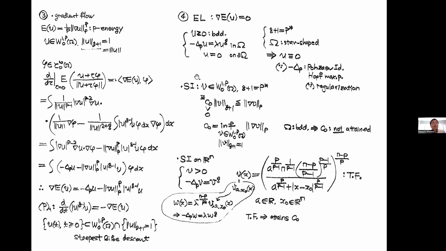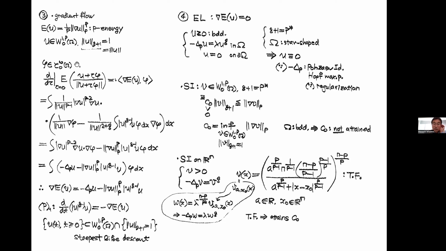And next, we look at the variational structure of our system of equations. Let E(u) be the p-energy, which is defined as 1 over p times the p-th power integral of the spatial gradient of u. We consider this p-energy in the Sobolev space, satisfying the constraint that the integral of |u|^(q+1) is equal to 1.